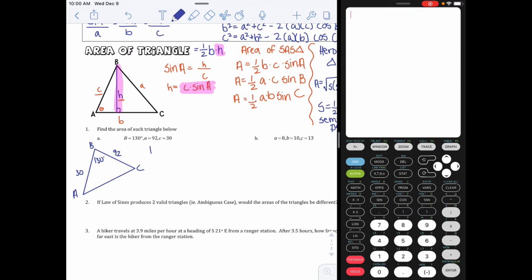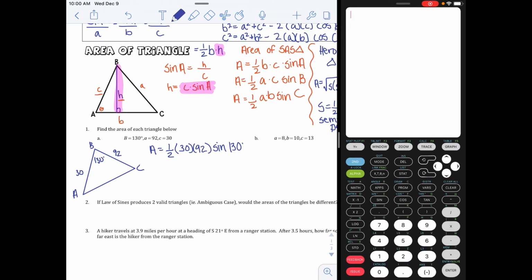So we're going to find area equals 1/2 the two sides, 30, 92, and then sine of the angle, 130.